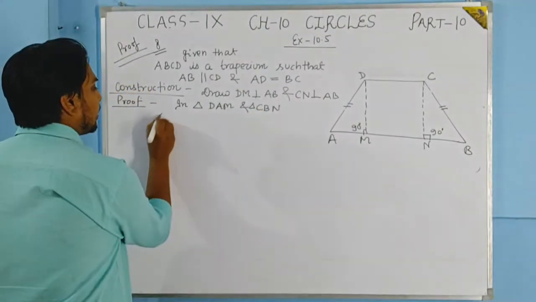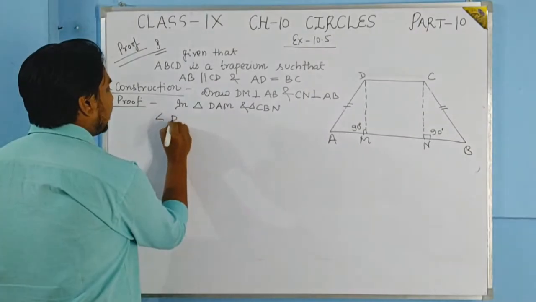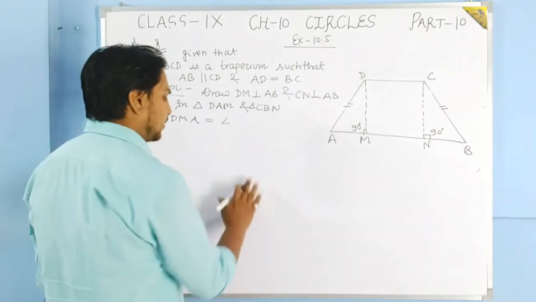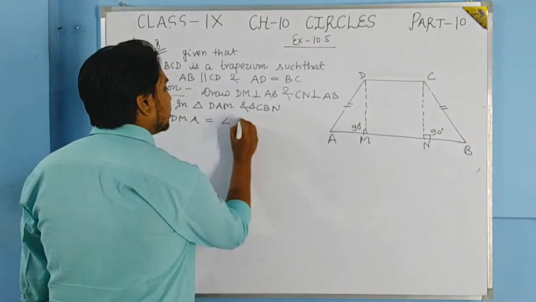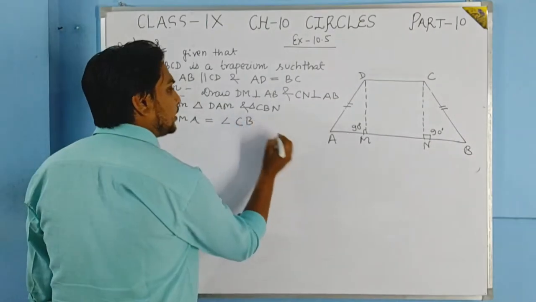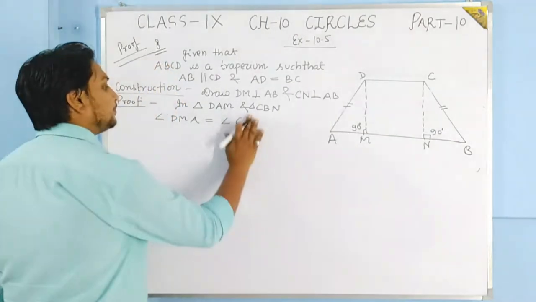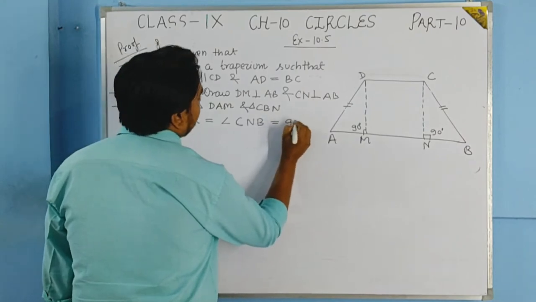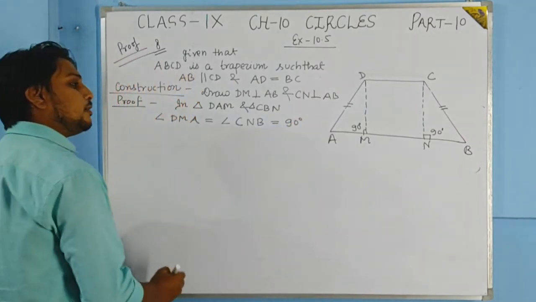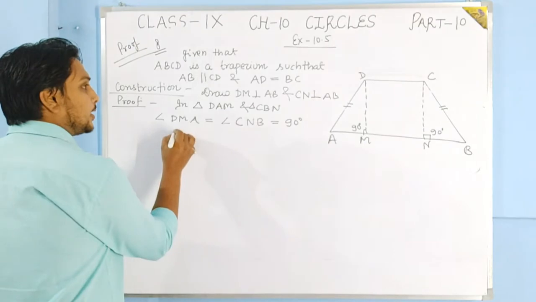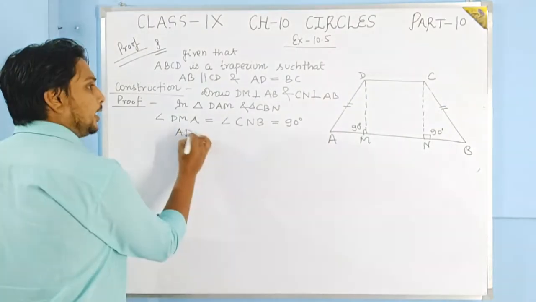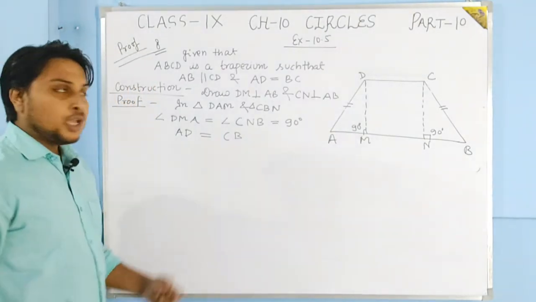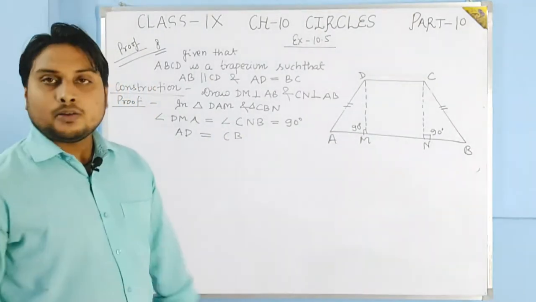See students, angle DMA is equal to angle CNB. Both are equal to 90 degrees, so they will be equal. The side AD is equal to the side CB. So these two sides are equal.